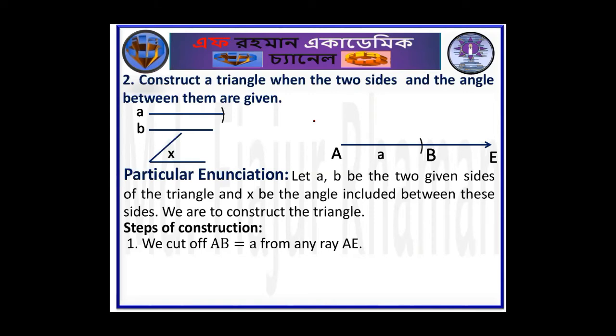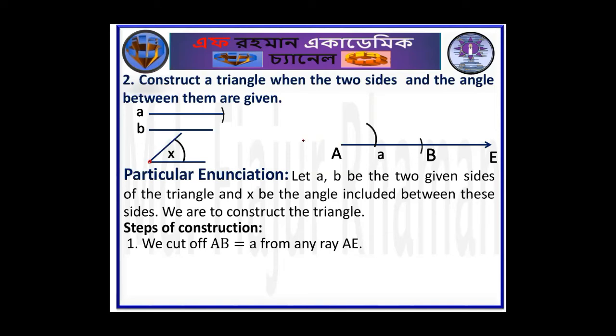And the length B can never be taken without drawing the angle X. That's why we draw the angle X at the point A. To do so, we draw two arcs of the same radius, with this point as center and A as center.